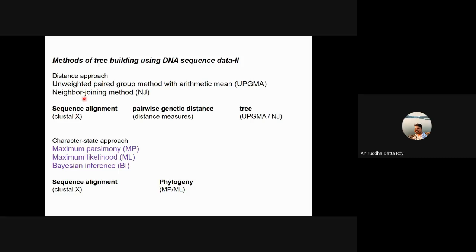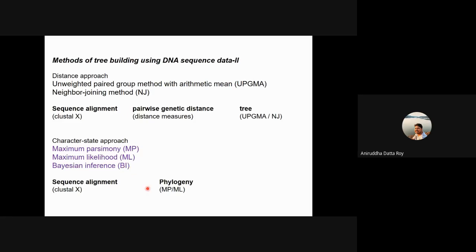Where we have gone from the sequence alignment to the pairwise genetic distance, and from there we've got the tree. So what we'll do now is a character state approach, where we'll deal with 3 different tree building methods: maximum parsimony, and tomorrow we'll do maximum likelihood, and day after tomorrow we'll be doing Bayesian inference, right?